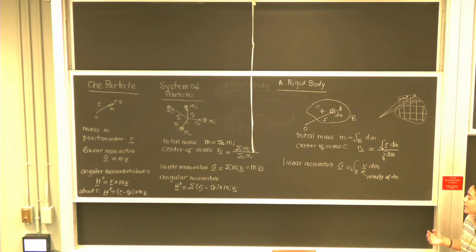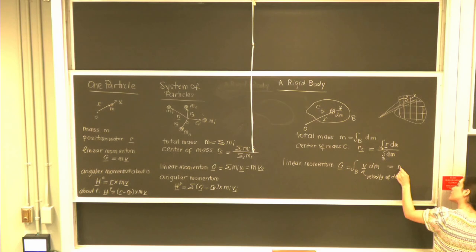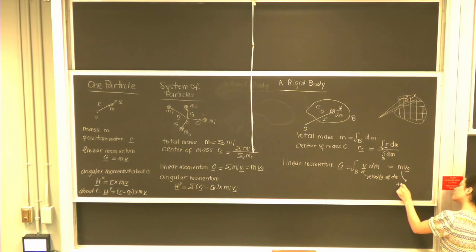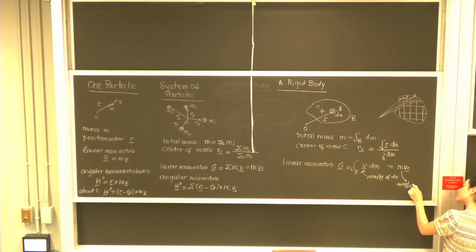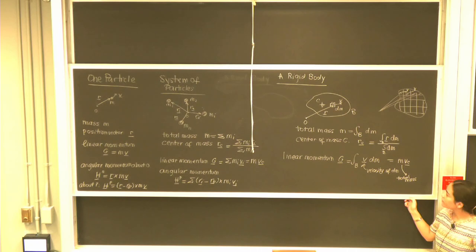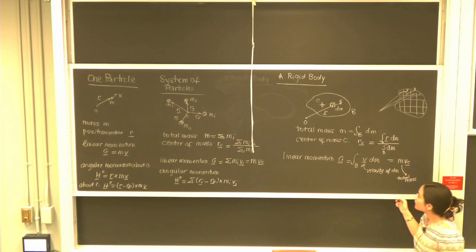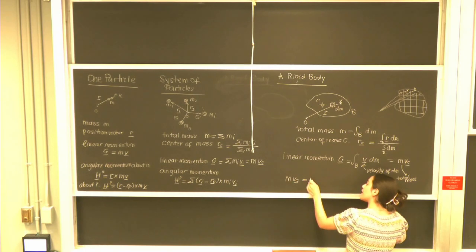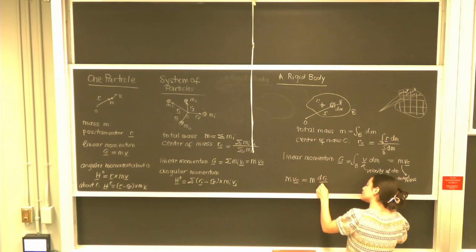We can express that as the linear momentum of the center of mass, where m is the total mass here, and Vc is the velocity of the center of mass. Okay, how did I go from here to here? Well, m Vc is m drc by dt.